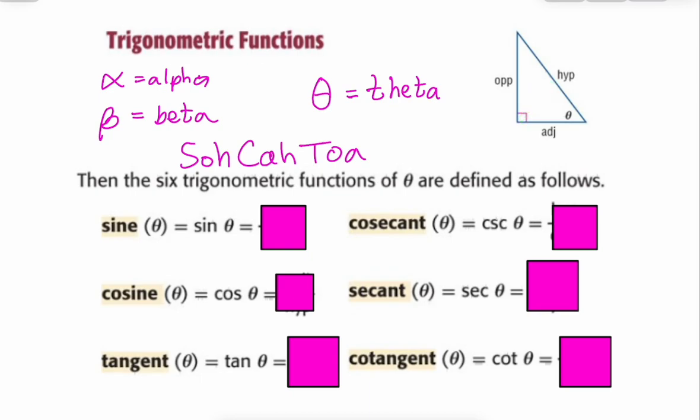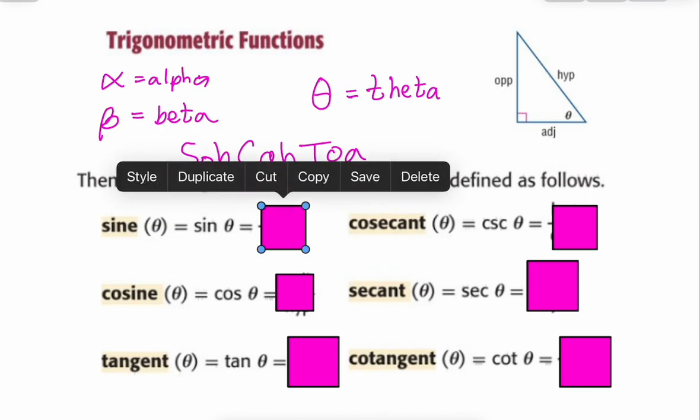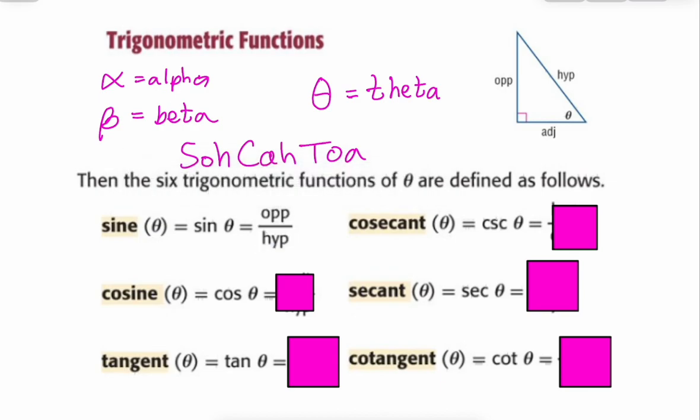So let me say that again. Wherever theta is sitting, the leg across from it is our opposite. The leg attached to it is your adjacent. The side across from your 90-degree angle is your hypotenuse. So sine is just the relationship in that particular right triangle of the opposite over the hypotenuse.